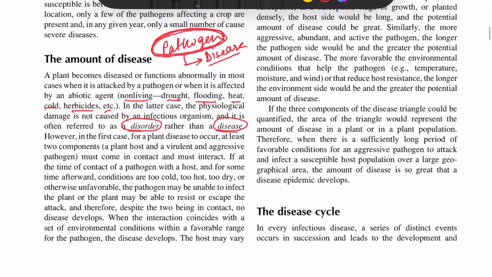But when there is involvement of abiotic agents, that is non-living agents like temperature, water, for temperature we have drought, for water we have flooding, heat, cold, herbicides, all the non-living parameters, we will call them disorder but not disease.